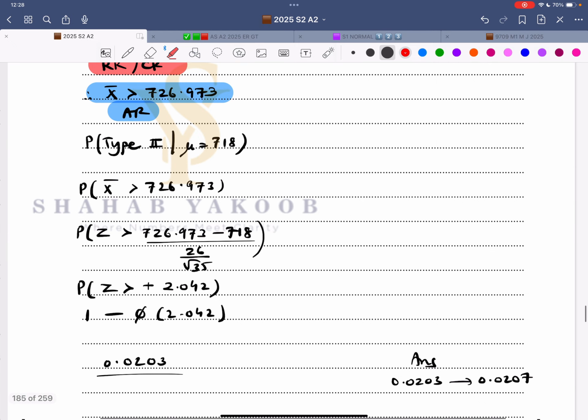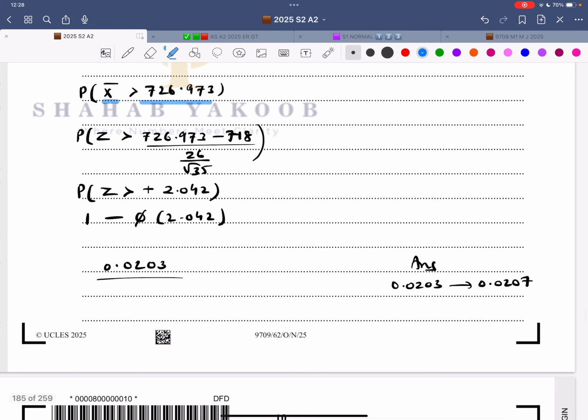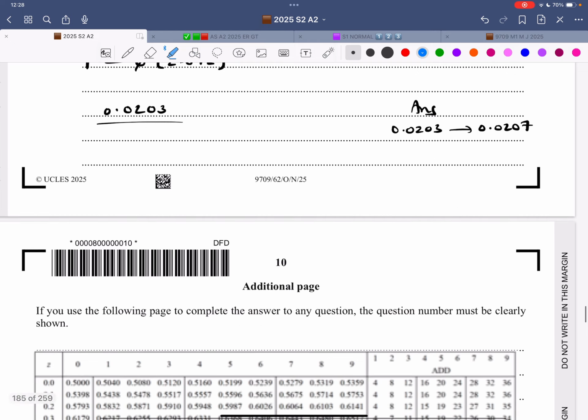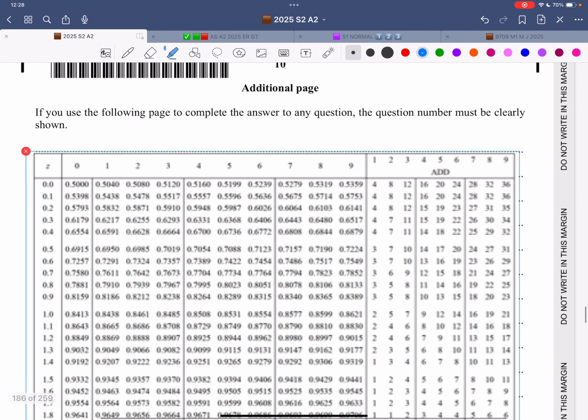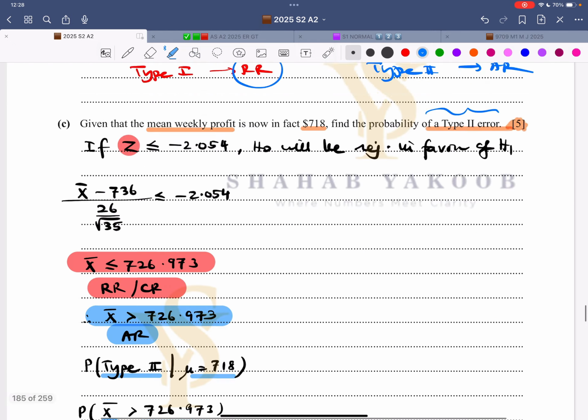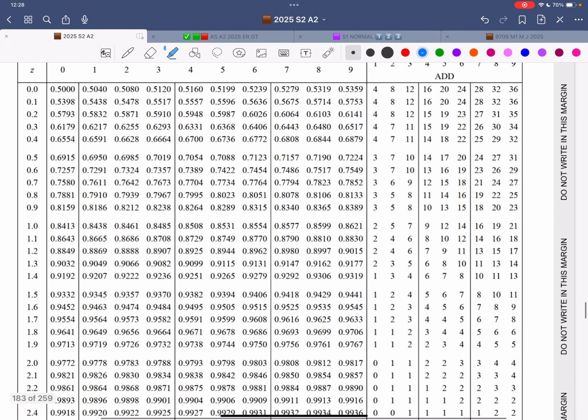So probability of type 2 error, given that mu is 718, x bar greater than this thing, and we simplify, we get this value 2.042. So let me just remove this 2.042. That was a bit blurry.